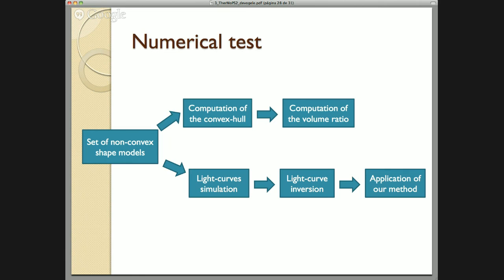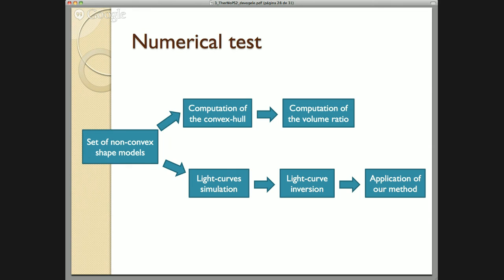So then we did some numerical tests, and we took a set of randomly generated non-convex shape models. We computed the convex hull for these shape models and then the volume ratio. And for these same shape models, we simulated light curves that we put inside the light curve inversion programs.